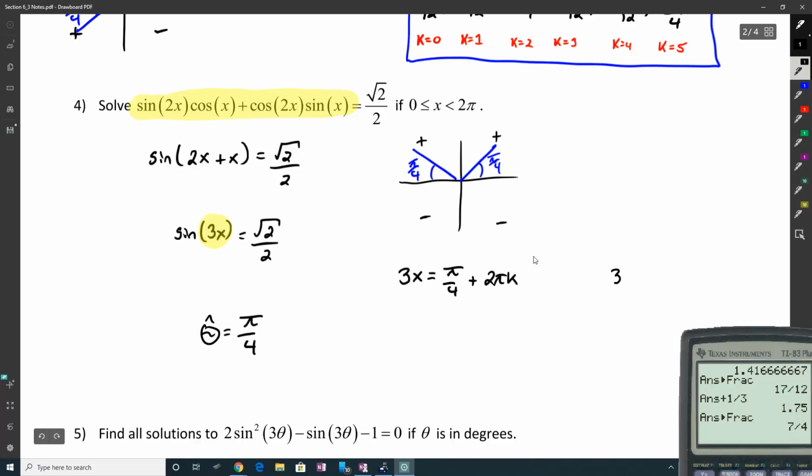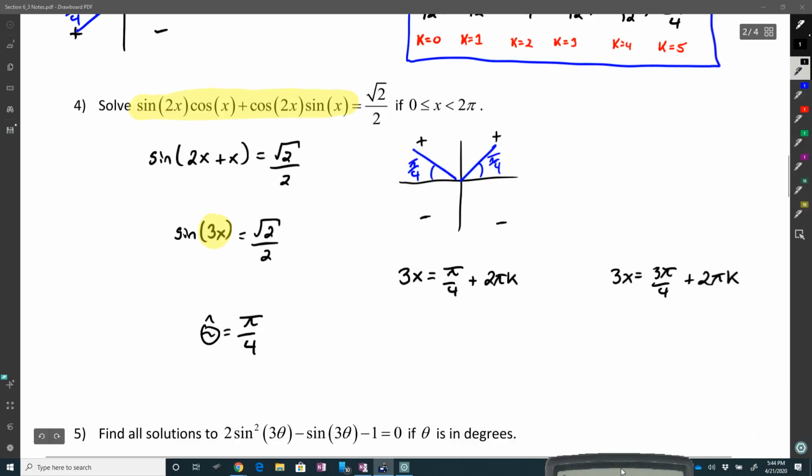And then the other answer is going to be 3x is equal to 3 pi over 4 plus 2 pi k. And all you got to do is divide by 3, or multiply by 1/3. So x is equal to pi over 12 plus 2 pi k over 3.